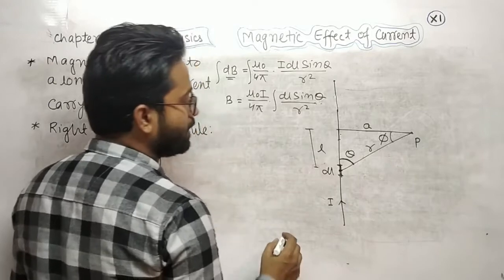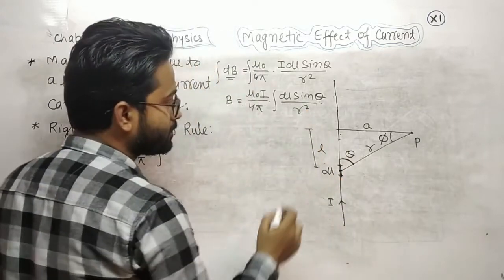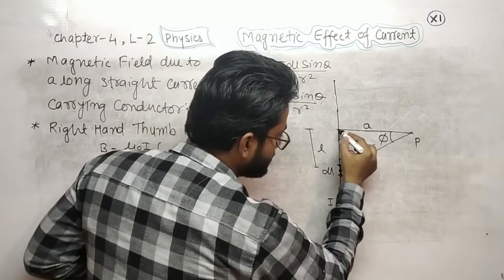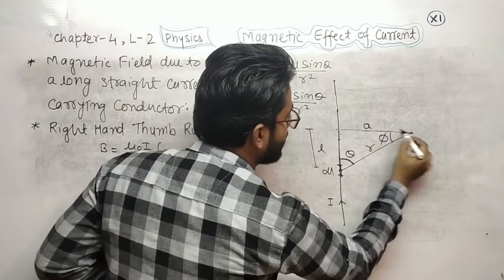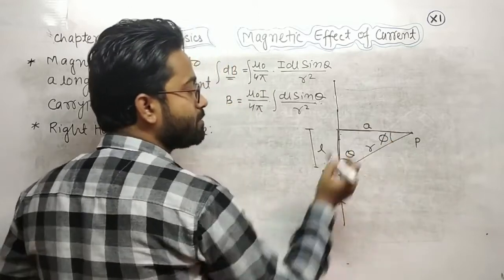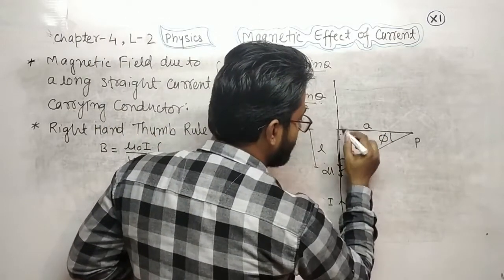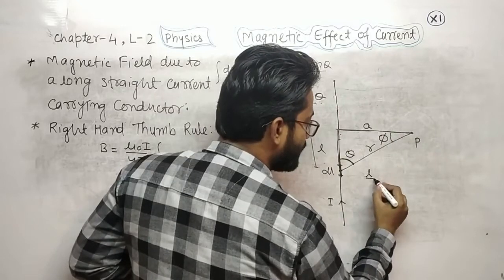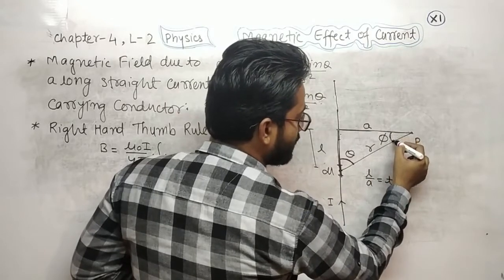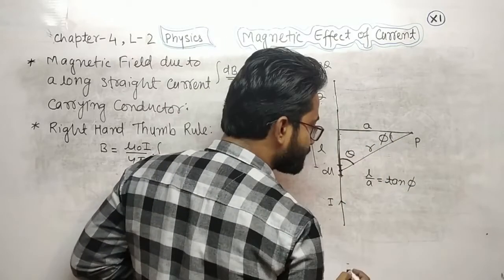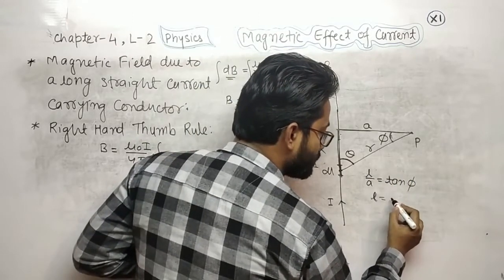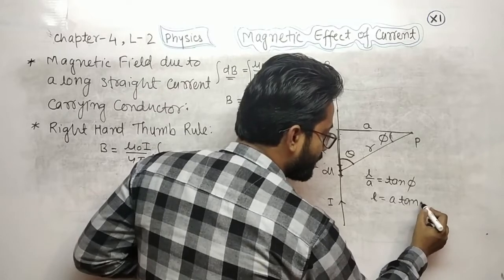In place of dl, which is also variable, this is L, this is A. A is constant. L can be written in terms of constants: perpendicular upon base is tan phi. For this particular angle, this is perpendicular, this is base, so L is equal to A tan phi.